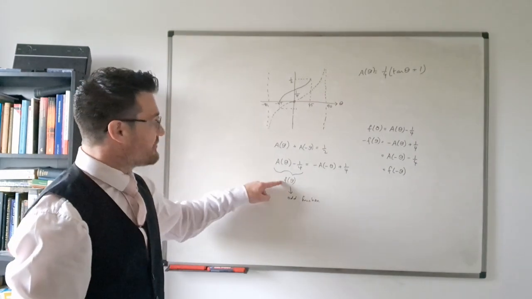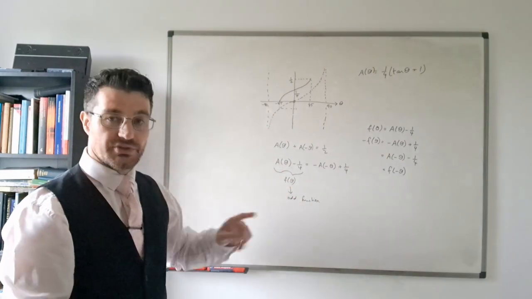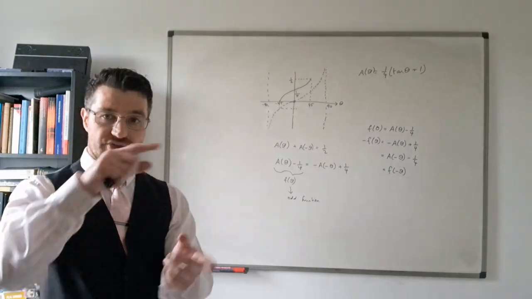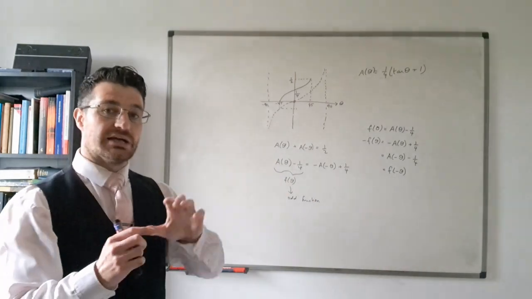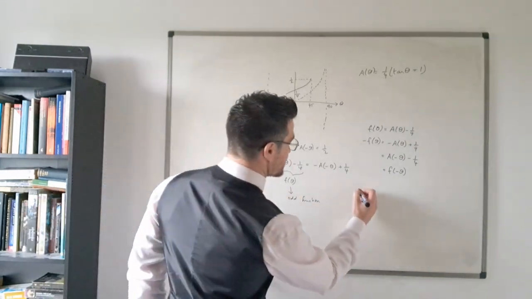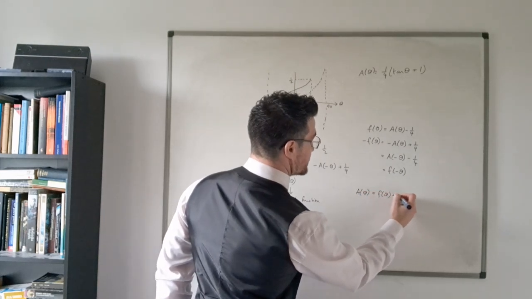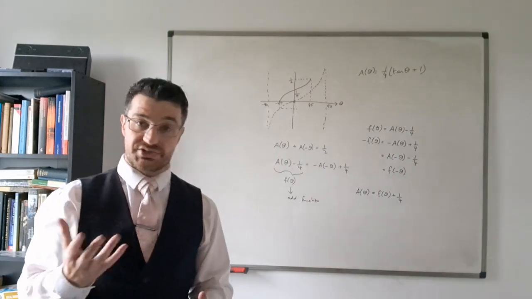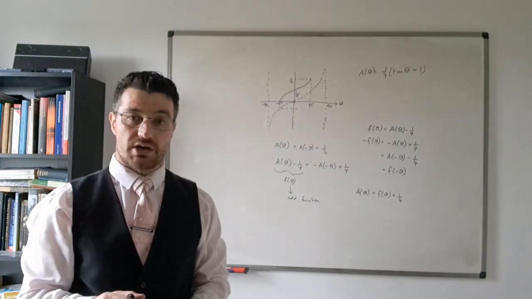But remember that f was a translation of a. So if f is an odd function and it's got a rotational symmetry of 180 degrees about the origin, a will have been a translation of f. So a of theta is equal to f of theta plus a quarter. Then a will have a rotational symmetry also, but not around the origin, around 0, a quarter.